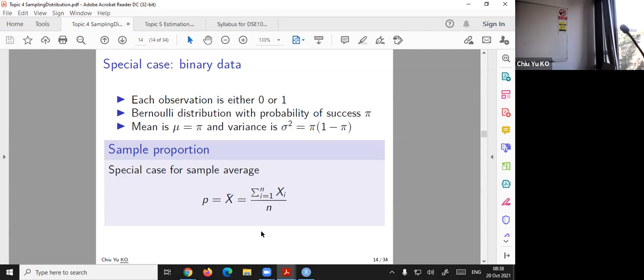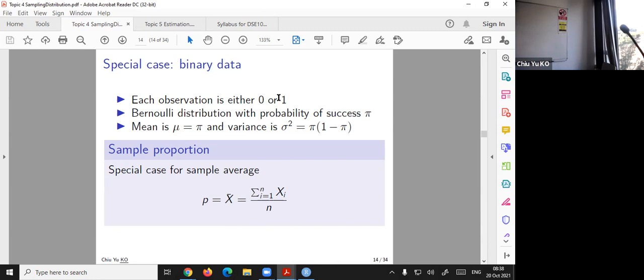You calculate the count over the total number, and that is the proportion. That's why, in the special case of 0 and 1, we call it the sample proportion. An interesting thing is that, because of the 0, 1 values, the mean and the variance are given by the same parameter.